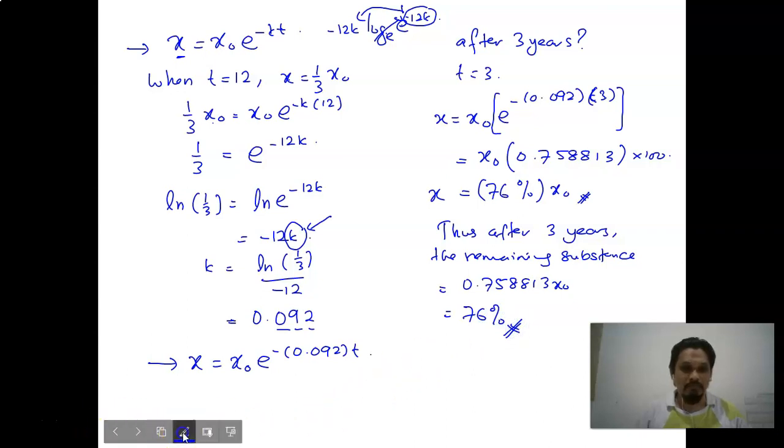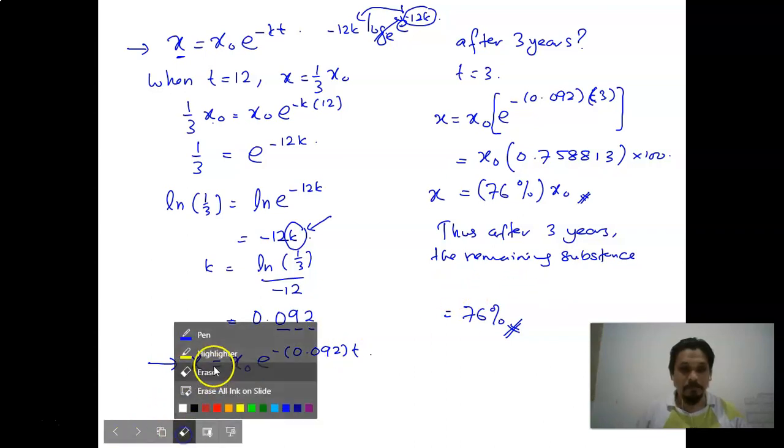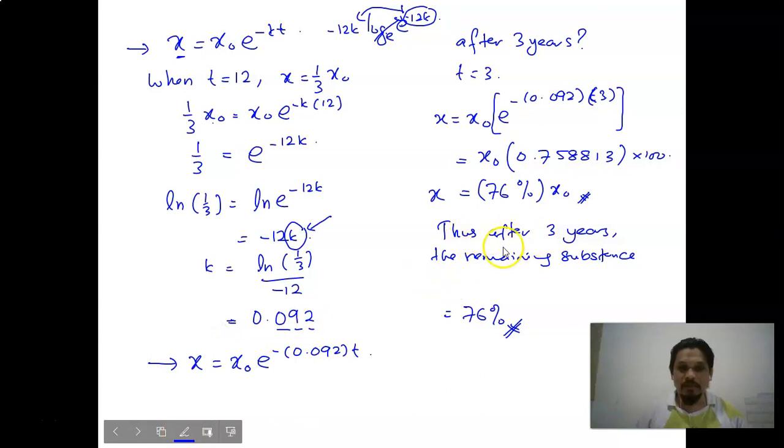I don't have to write all this. So then after the 3 years, the remaining substance is 76%.